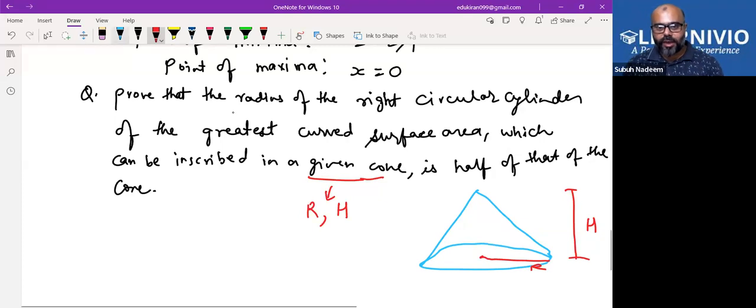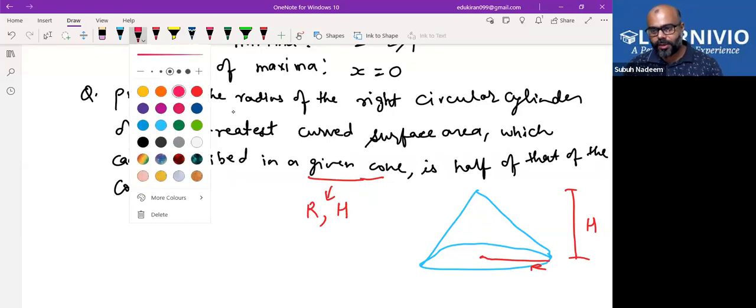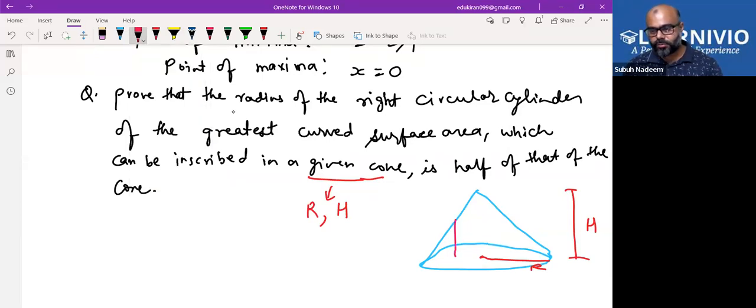And you have to inscribe a right circular cylinder, which may be something like this. So this right circular cylinder is of the greatest curved surface area.